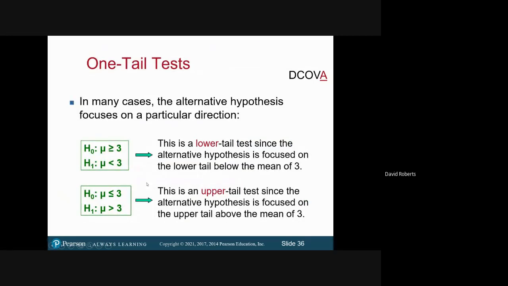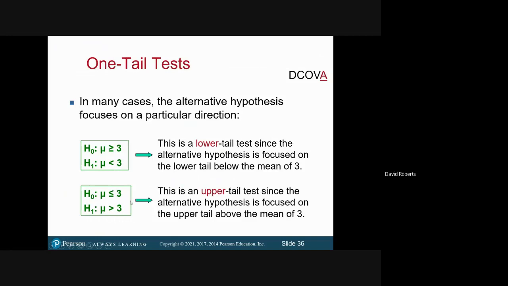Now, a one-tail test. You can see the pairings that I mentioned before. If you want, you actually look for which direction the alternate hypothesis points. So the top one is a left tail test. The bottom one is a right tail test. If it's a less than sign, it's left tail.